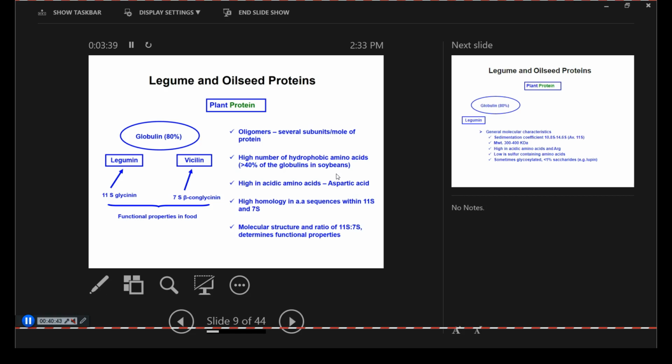Okay, so if we have a constant centrifugal force, the molecules that are larger will fall out quicker than the molecules that are smaller at the same centrifugal force.